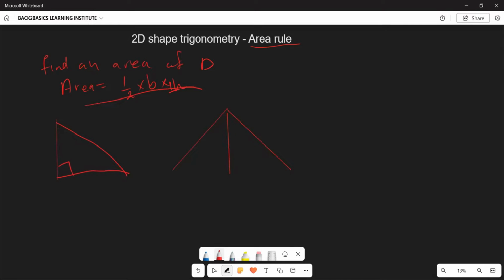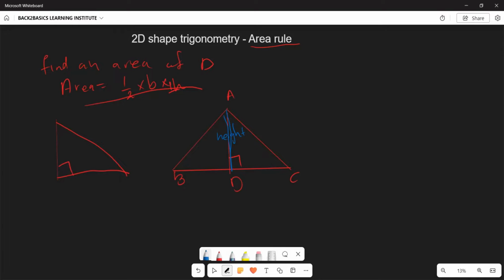Even in this case, you can still use the area of a triangle, half base multiplied by perpendicular height, because if this is your A, B, C, D, you can consider your AD as your height. This AD was your height.